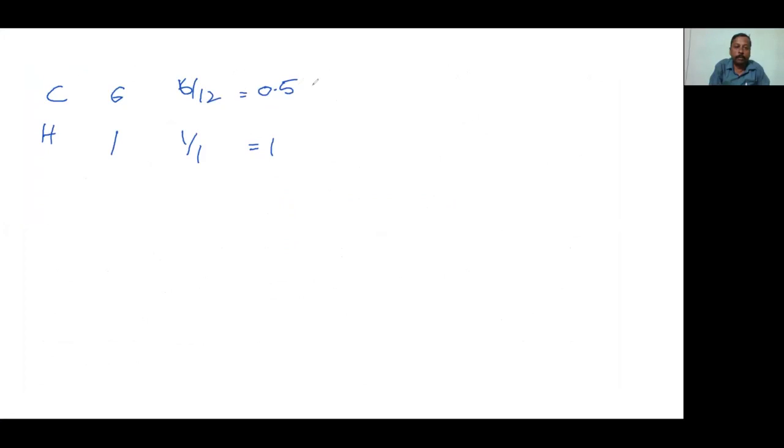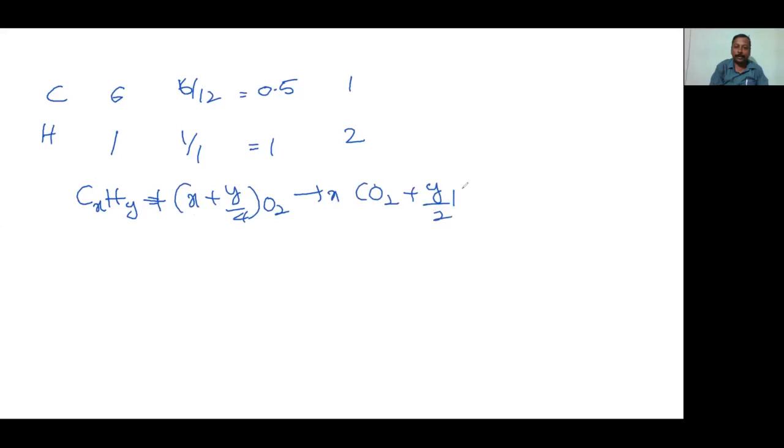When you divide both by 0.5, it will be 1 and 2. So the empirical formula of the hydrocarbon is CxHy. CxHy on combustion: this C will require 2 oxygens. x plus y by 4 O2 will give you x moles of CO2, and y by 2 moles of H2O will be generated.